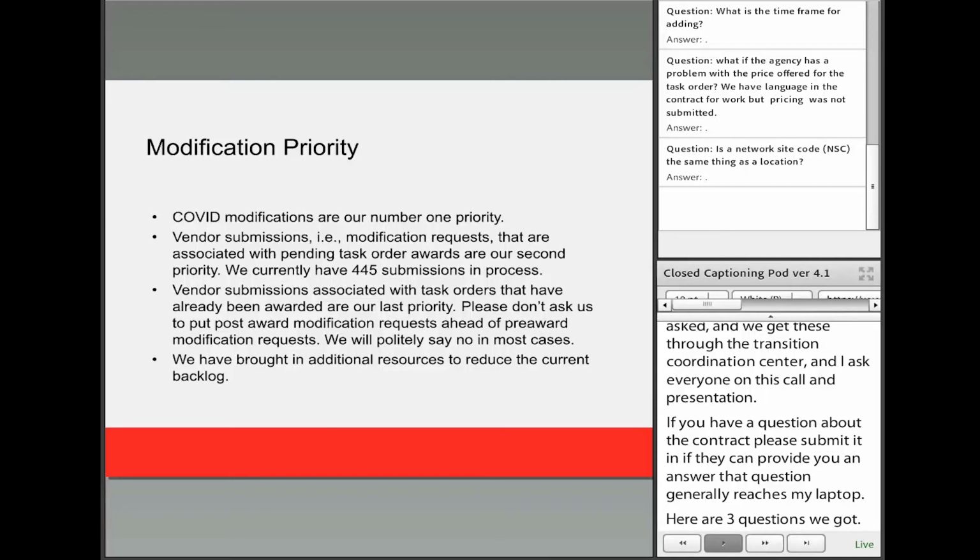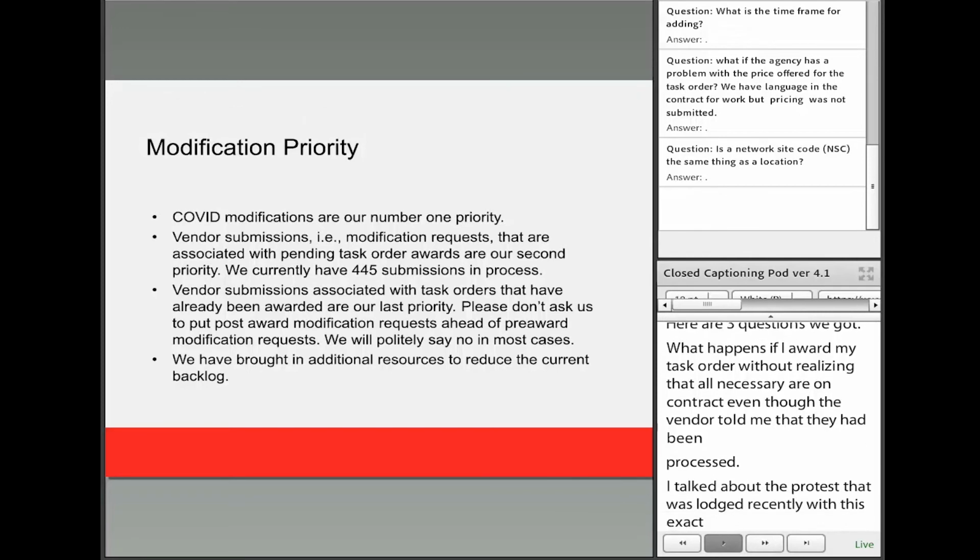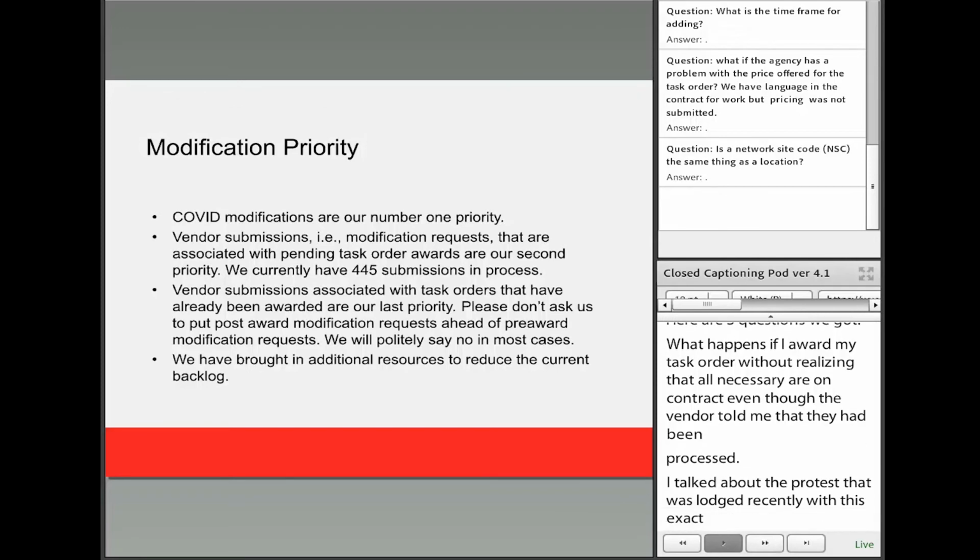So I talked about the protest that was lodged recently with this exact scenario with GAO. So really the way it boils down is if you awarded a task order and not all mods were processed, that means you have potentially awarded the contractor something that is not on their contract. So you violated the terms and conditions of the contract.